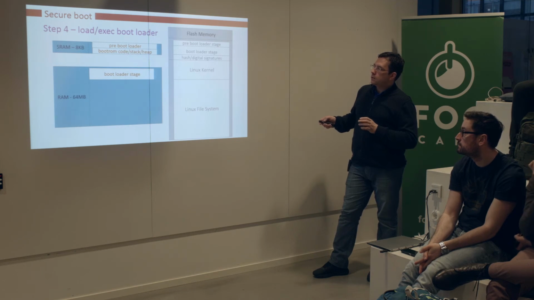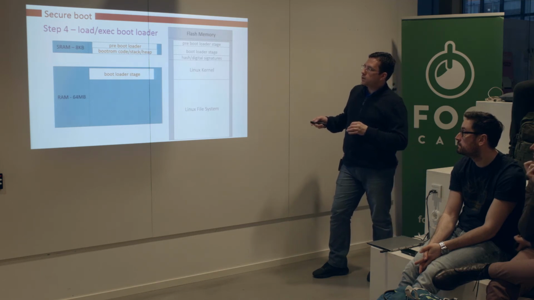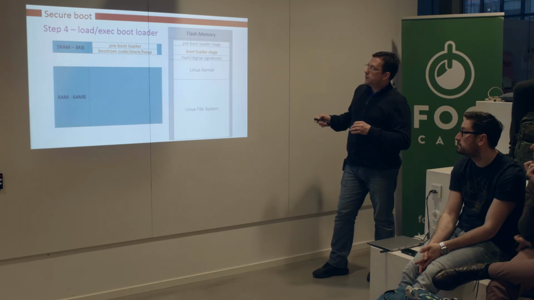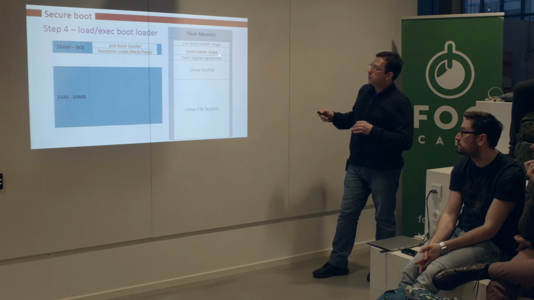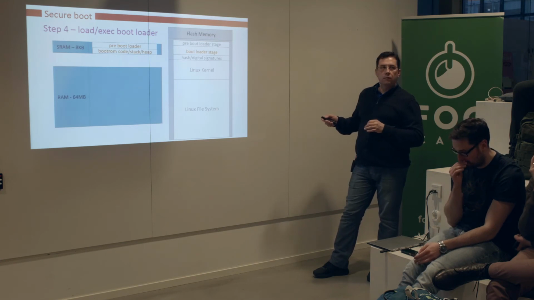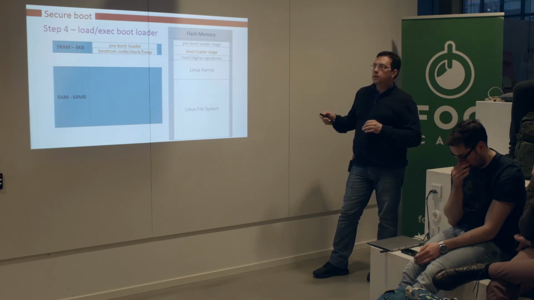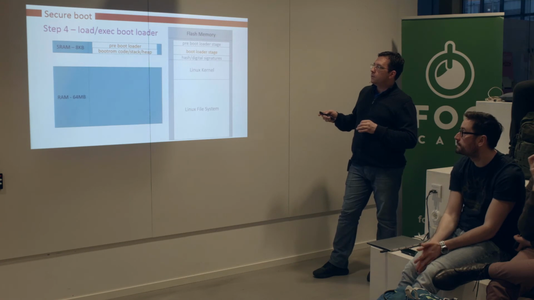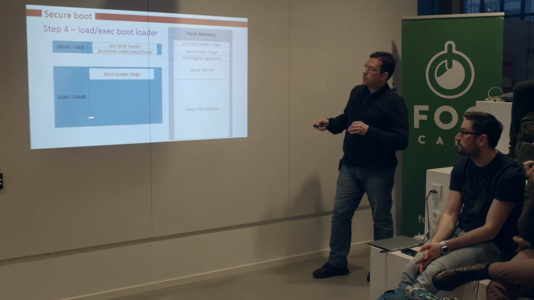Of course, I forgot to once again mention that whenever something is about to be loaded, first it is verified whether it is tampered or not. If it is tampered, then the booting process stops. If the bootloader is not tampered, then the system loads that component, stores it into the RAM, and executes.